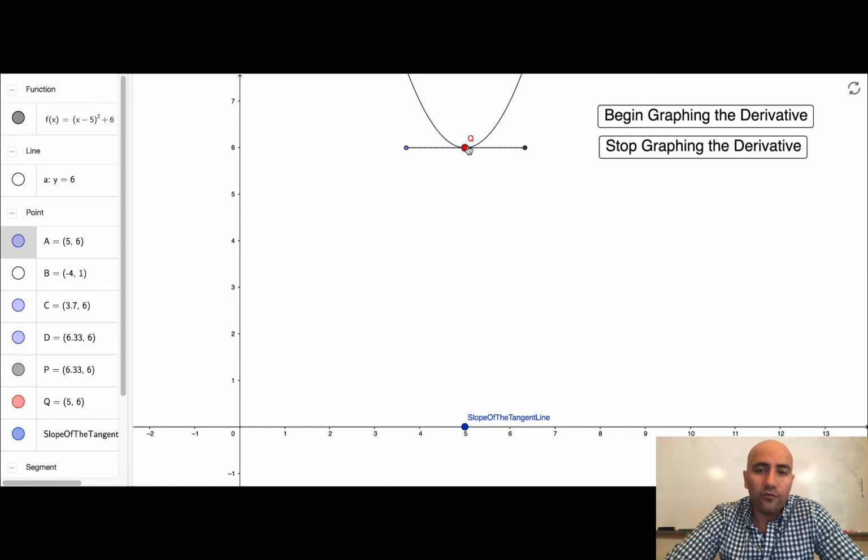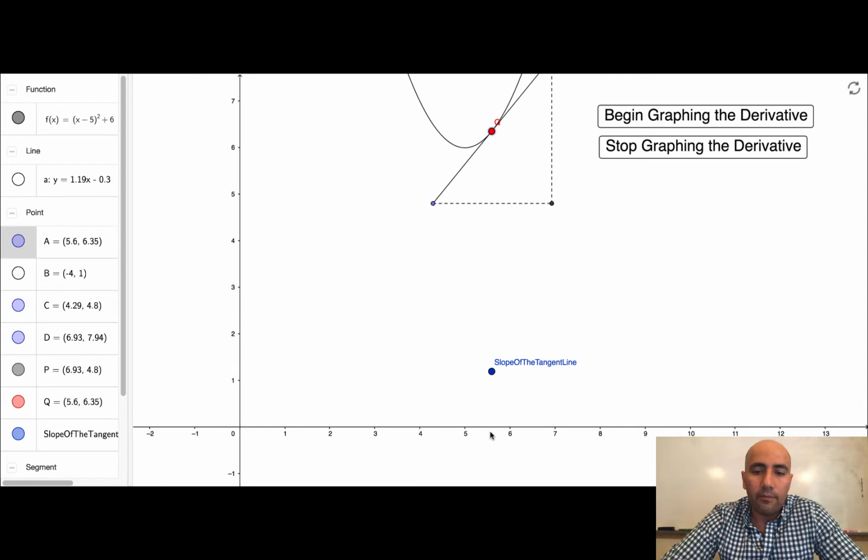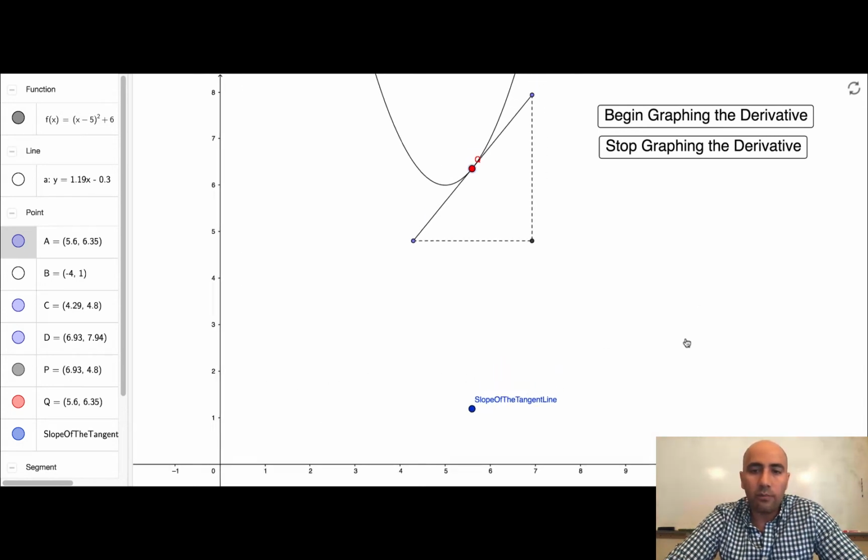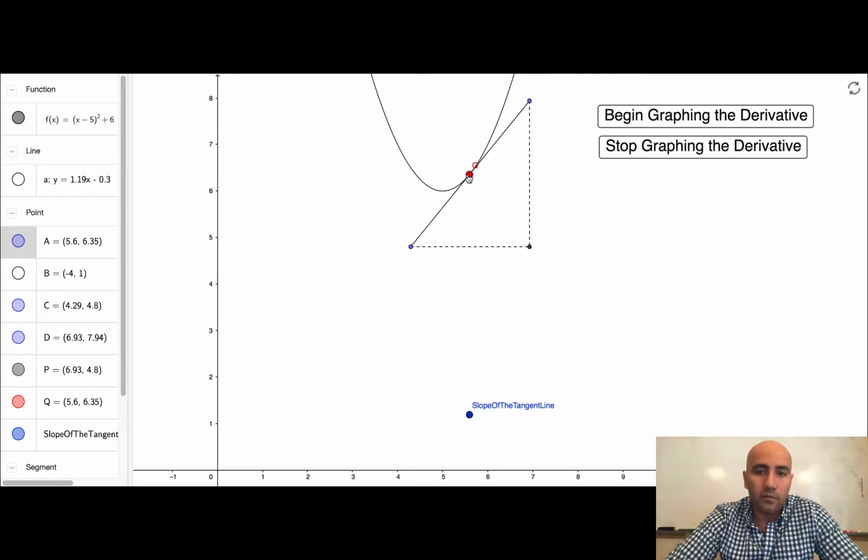And then as we move forward a little bit, we start to see a very small positive slope, a bigger positive slope, and a big positive slope, and that's why this little dot crosses above the x-axis and begins to identify the slope. Right around here, it's really close to a positive 1 slope, maybe a little bit lower.